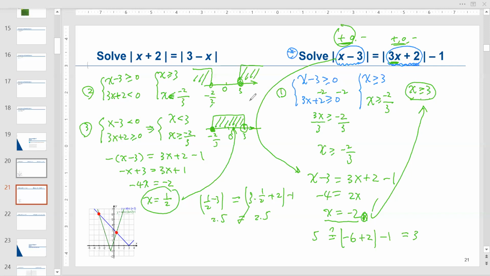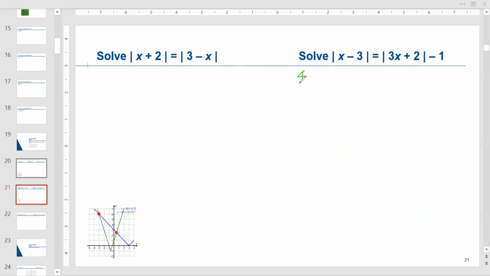So we talked about situations 1, 2, 3. What about the fourth situation? Let's see the fourth situation. Both of them are negative, right? Both are negative. So it means x minus 3 less than 0, and 3x plus 2 also less than 0.